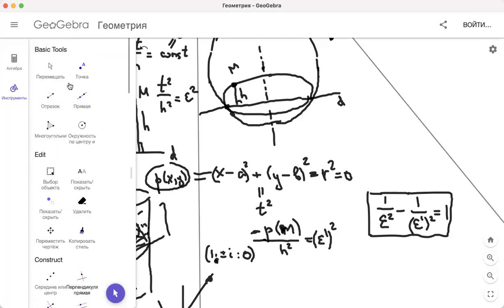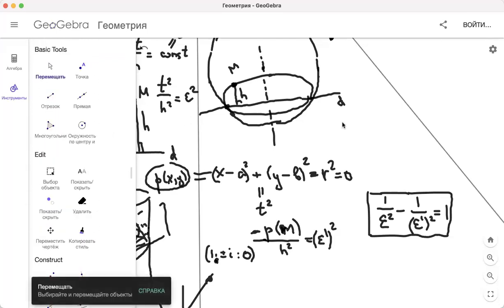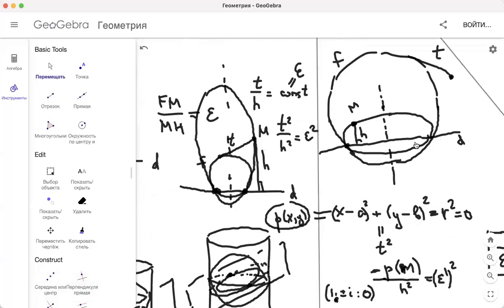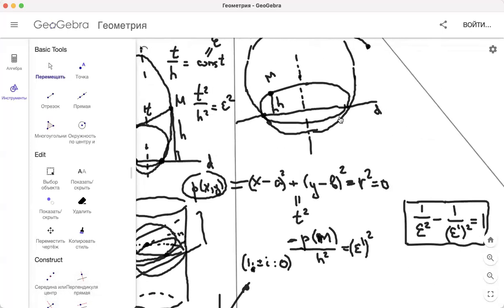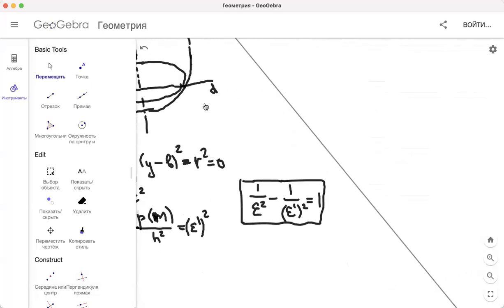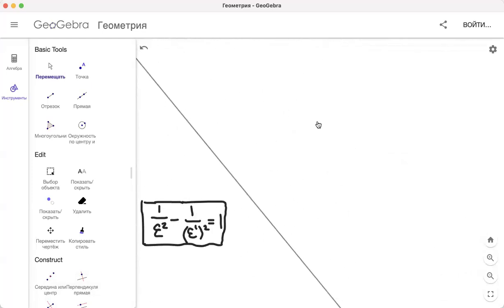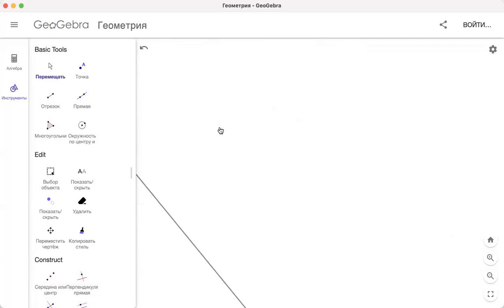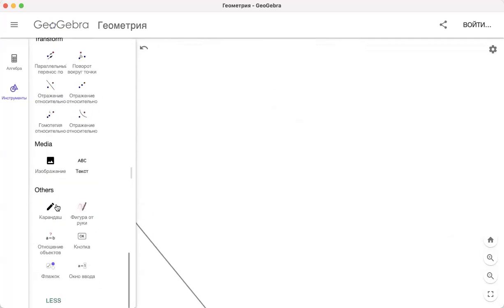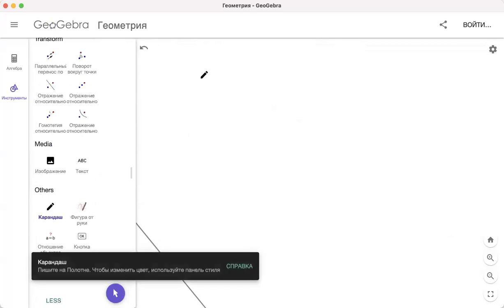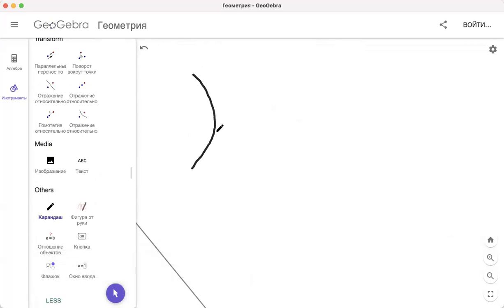Okay, let me make a remark that the same thing is true for a hyperbola. So for a hyperbola, you also have two families of circles doubly tangent to this hyperbola.